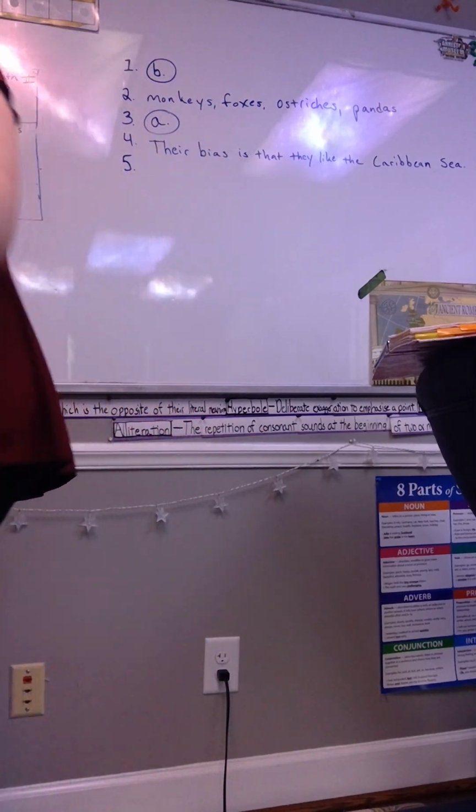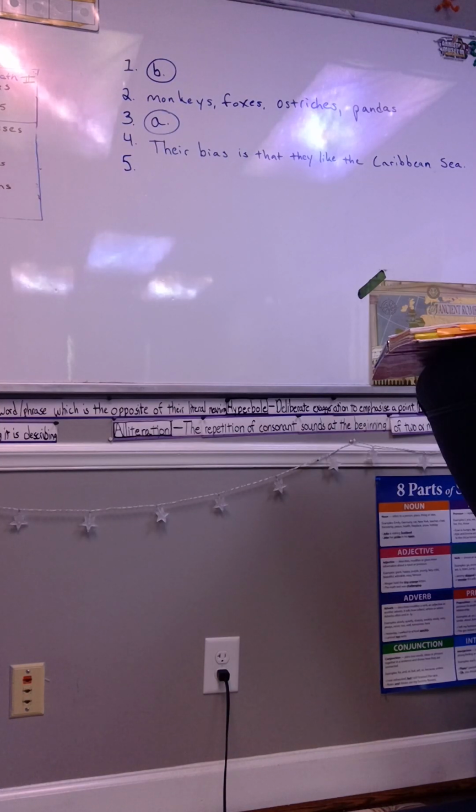Okay, then number 5. Which example shows antonyms or opposites? Glum, gloomy. Placid, calm. Superb, exceptional. Foe, buddy. What does placid mean? If the water's placid, it's calm, like, there's not a lot of waves.